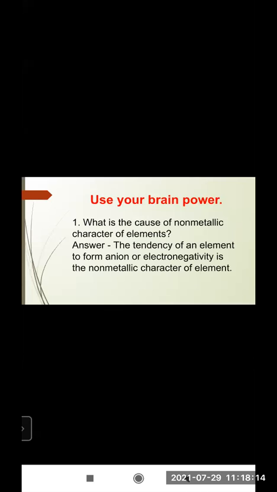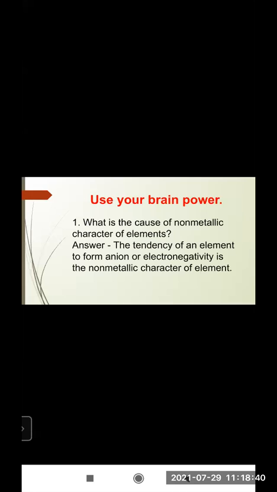The tendency of an element to form an anion, or electronegativity, is the non-metallic character of an element. Already we have seen the answer for this. So learn it by heart. This is just a 1 mark question. The tendency of an element to form an anion, or the electronegativity, is the non-metallic character of an element.